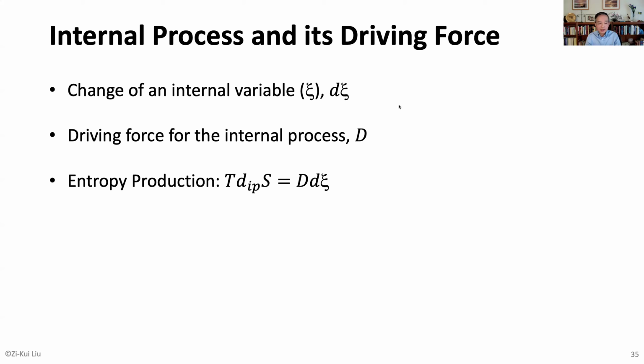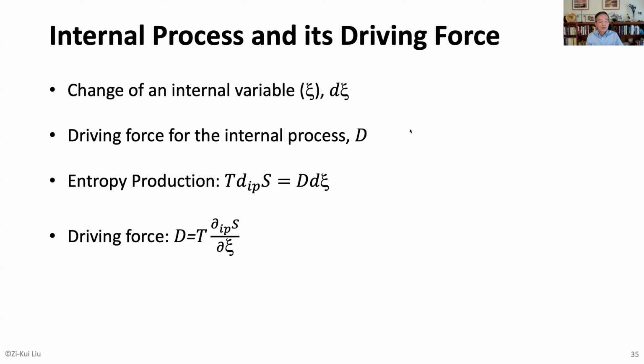T times entropy is the energy, so driving force times the process change gives the energy change. If we move D to the other side, we define the driving force equal to temperature times the entropy production derivative with respect to the internal variables, the process change.